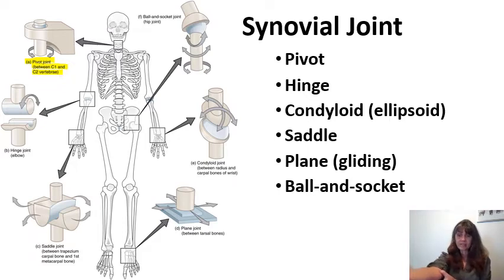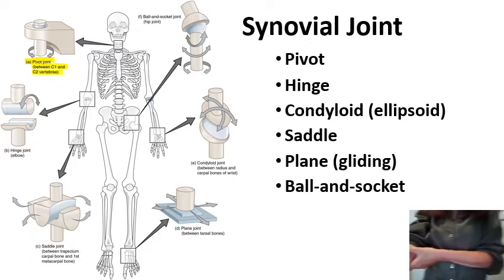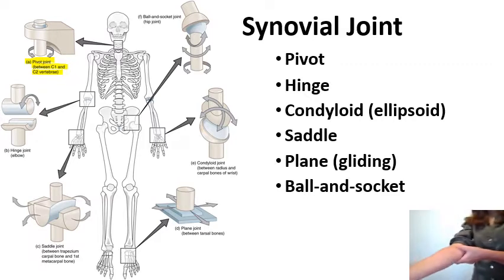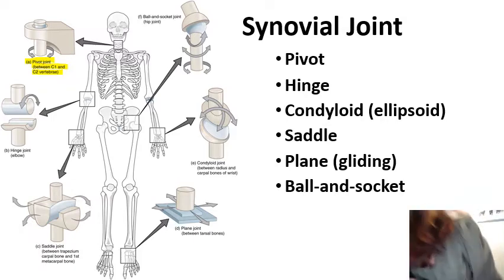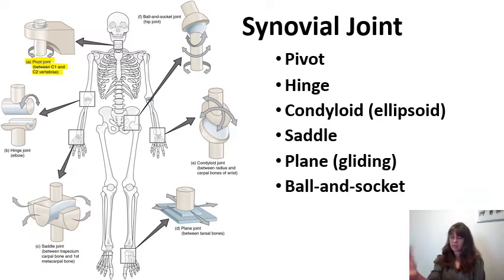There is another example of a pivot joint between radius and ulna that allows you to pivot your forearm in this direction. It actually pivots not only around the ulna, it pivots at the capitulum, at the distal aspect of the humerus.